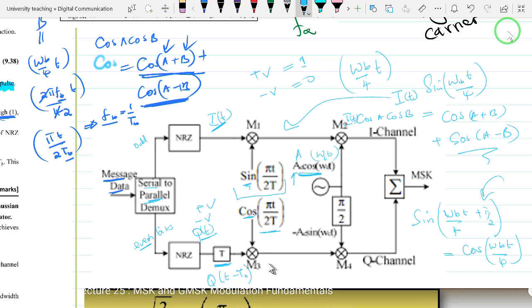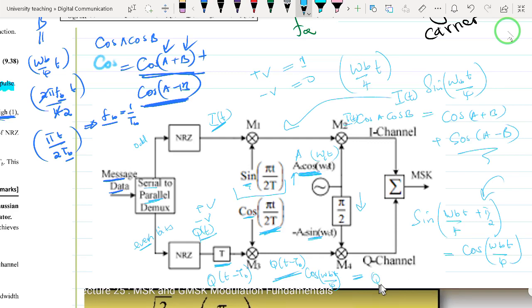Therefore, when we multiply this, we have Q(t−T_b) multiplied with cos omega_b t over 4. Similarly, the local oscillator's carrier, when it is π over 2 shifted, becomes a sine function, and you multiply it with our delayed baseband signal, bipolar NRZ encoded and multiplied with our omega_b over 4 signal. We are able to obtain this signal that can be considered to be the quadrature component of our MSK signal.